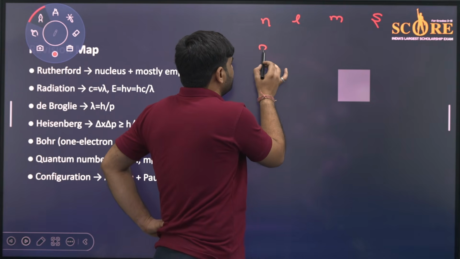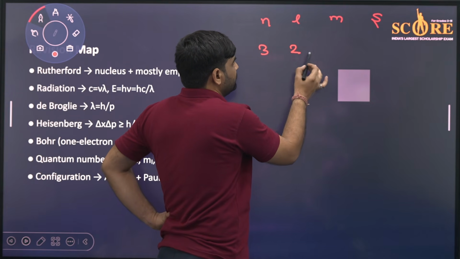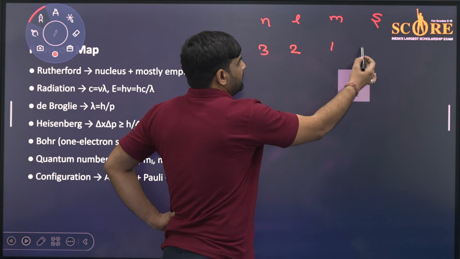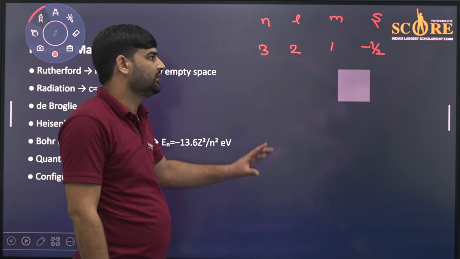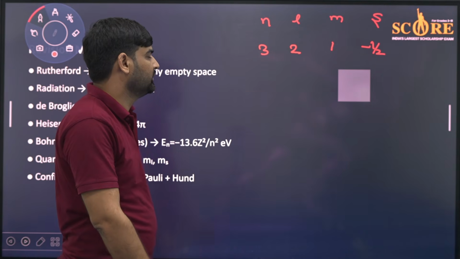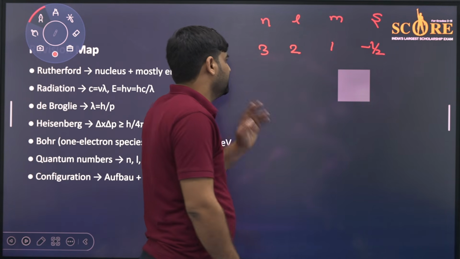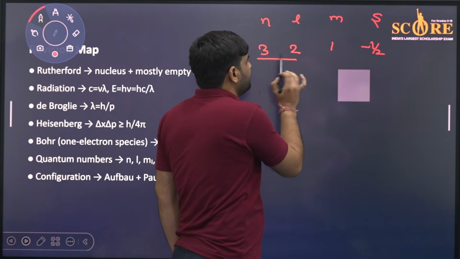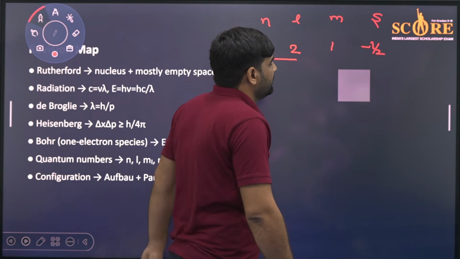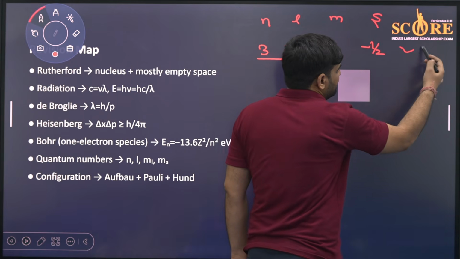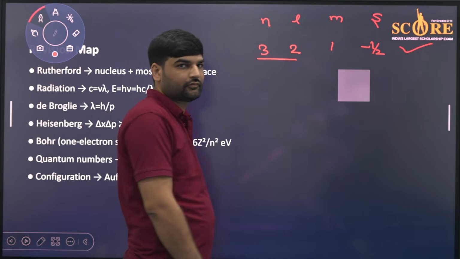Here is a set 3, 2, 1, -½. You have to decide whether this quantum number set is correct or not. So you have to check that N is greater than L, M is from -L to L, and S is -½, then this is correct. Okay.